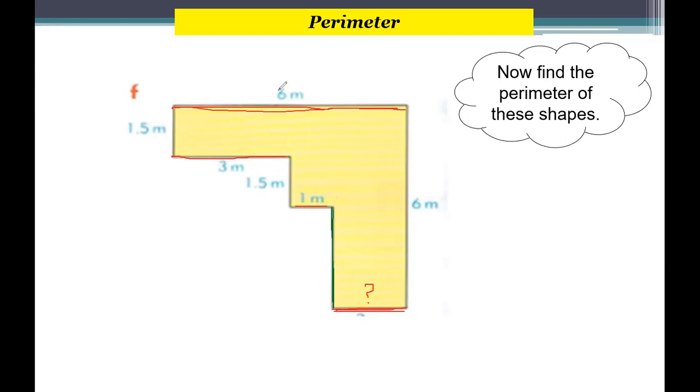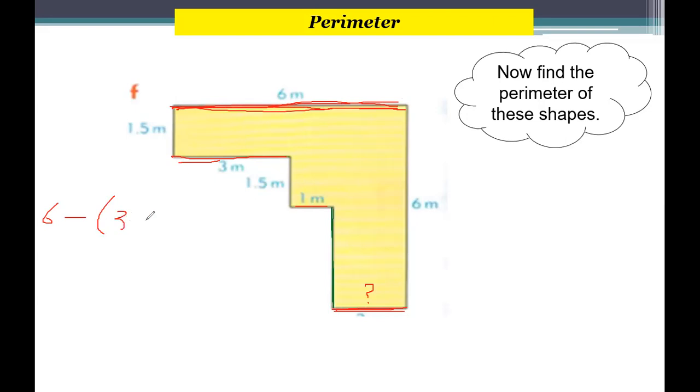Okay, so let's check all the horizontal sides. We are going to base on the total, which is 6. So we have 3, so we have to subtract it.